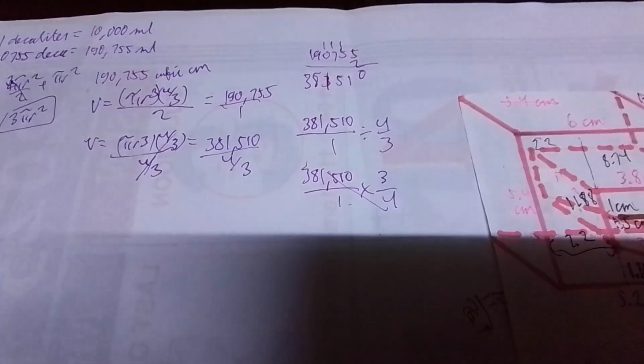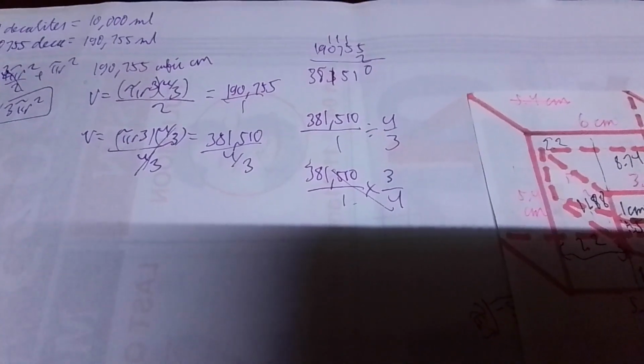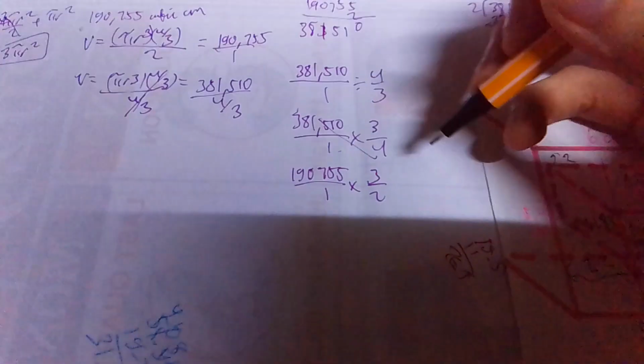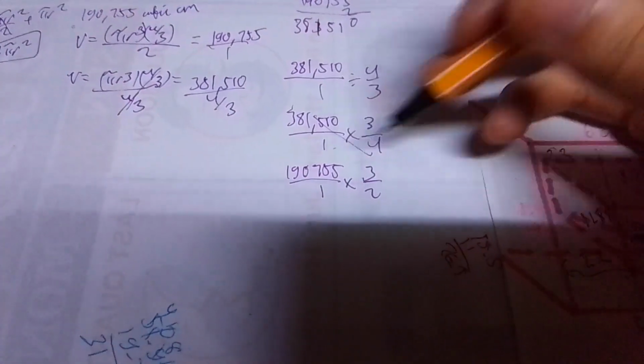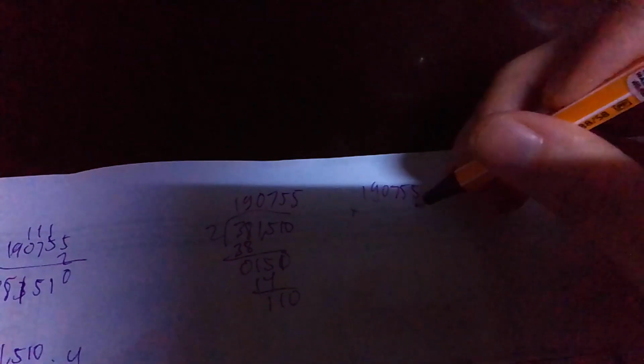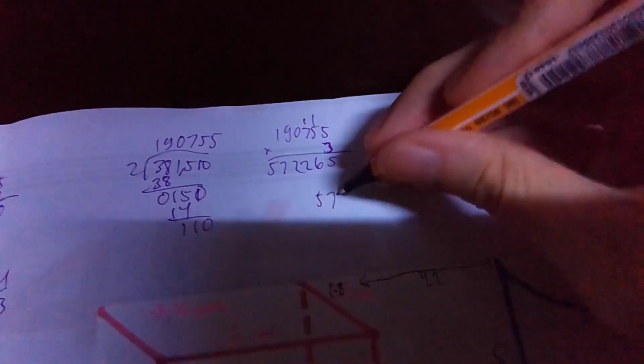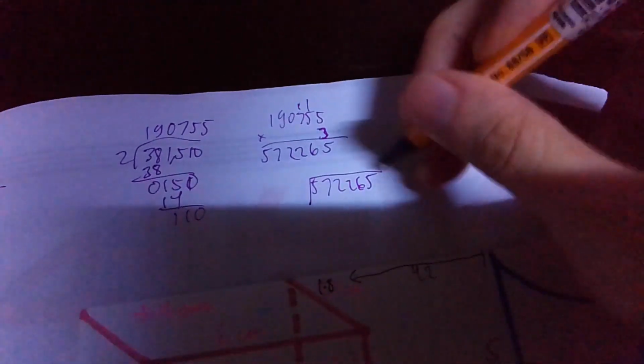So ganito yung proseso. And we can still simplify this. Can we divide? Yes, we can. Let's see what answer we got. So it's divisible by 2. Now this one is 2, this one is 1. So now it's multiplied by 3 divided by 2. So when we multiply this by 3, ano yung kinuha namin? 57, 2, 2, 6, 2, 5. And then from there we divide by 2.